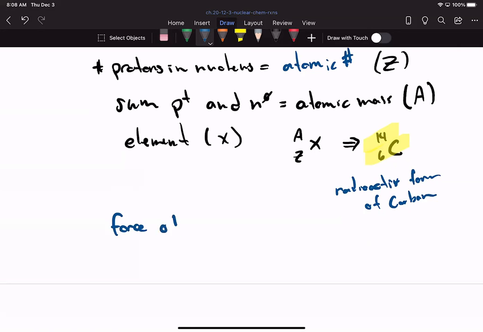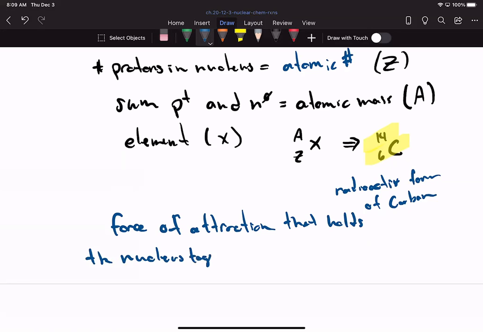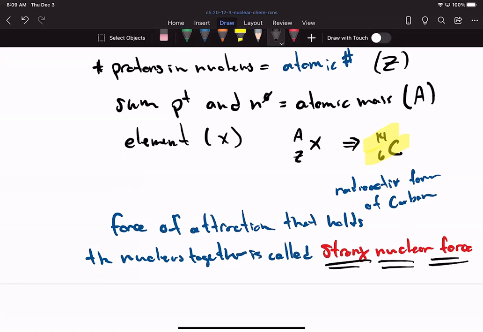Let me write these down here. The force of attraction that holds the nucleus together is called the strong nuclear force.